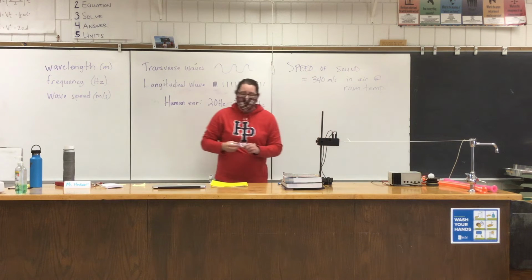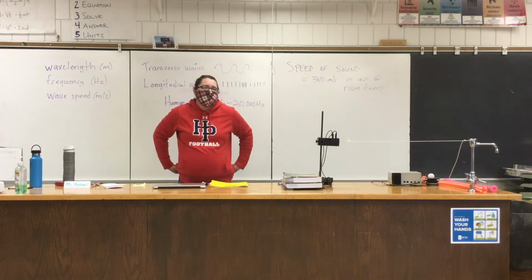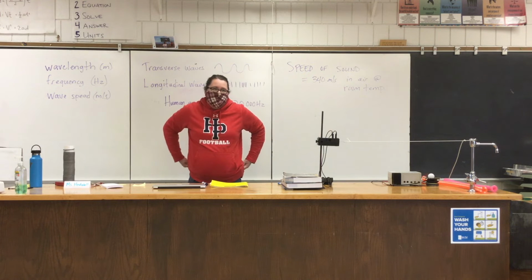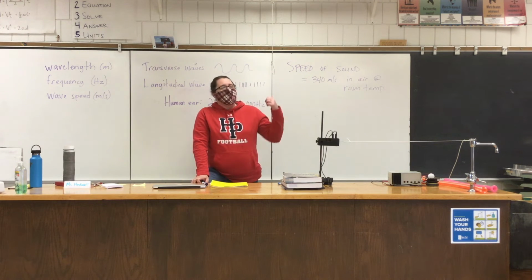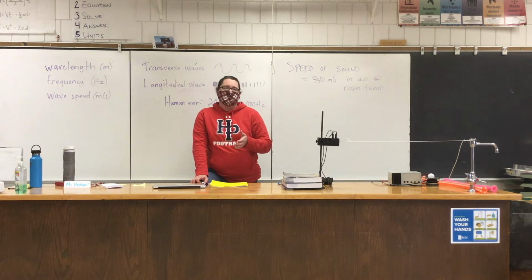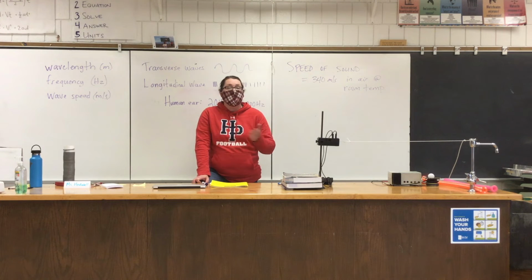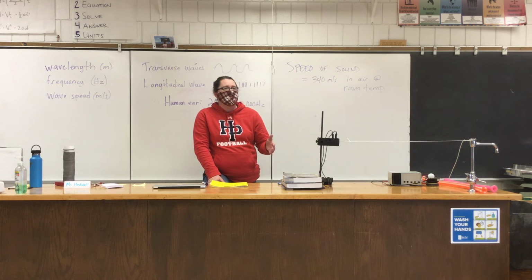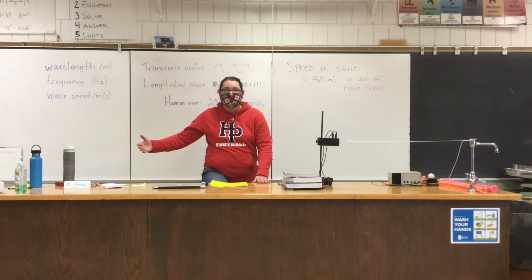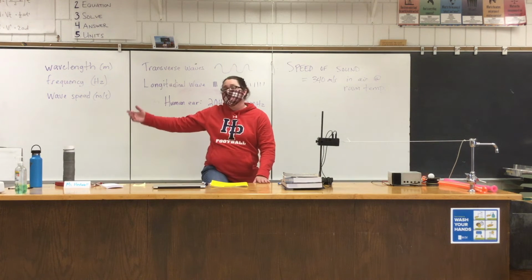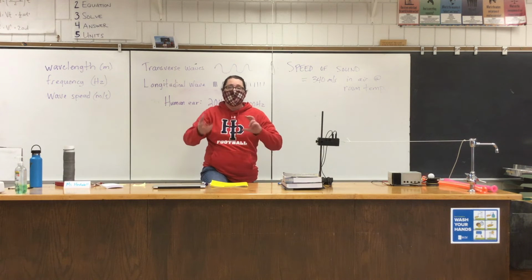When we talk about light, that number will always be the same, as long as it's traveling through a vacuum. But for sound, we'll say about 340 meters per second. That changes by temperature. I think at 0 degrees Celsius, it travels at 331 meters per second. If you get higher than room temperature, you're up at 345, 346. So there's a range depending on the temperature of the air.